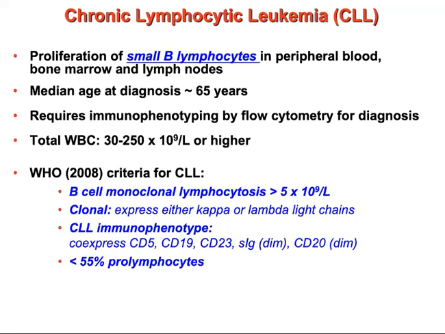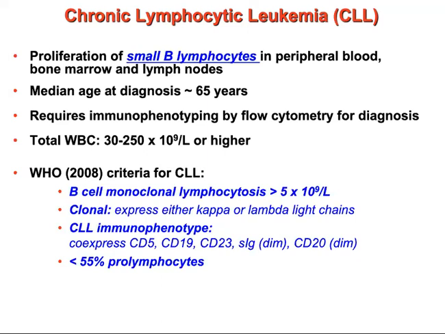There's clonality, so the lymphoid cells express either kappa or lambda light chains. That's the term for that, clonality. There is the co-expression of the CD markers CD5, CD19, CD23, and CD20, which could be dim or weak, and surface immune globulin that could also be dim or weak. And you need to see less than 55% pro-lymphocytes.